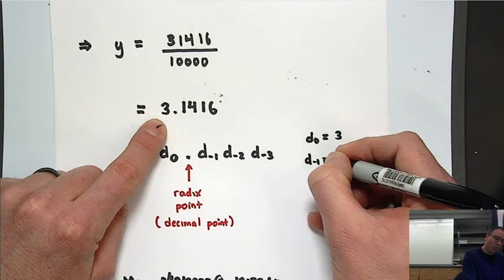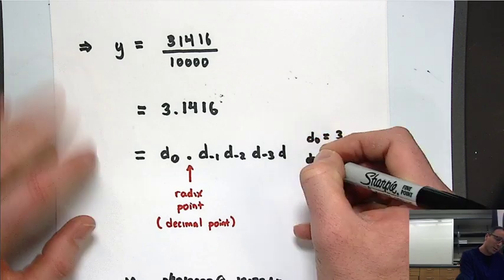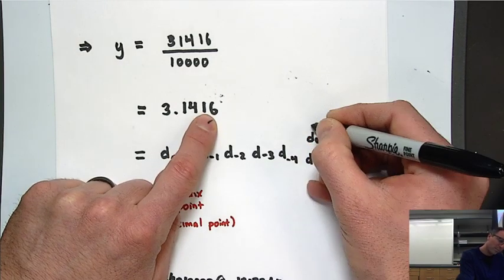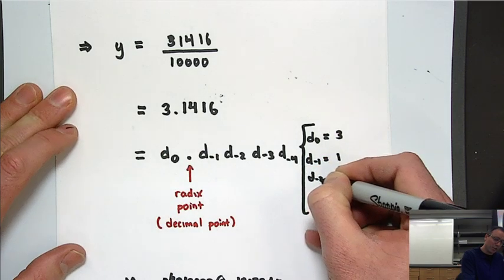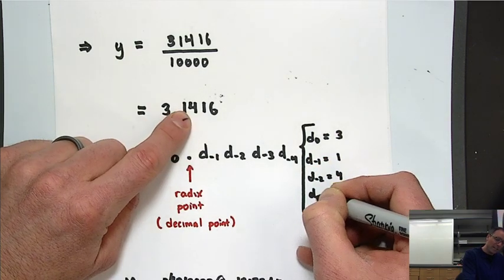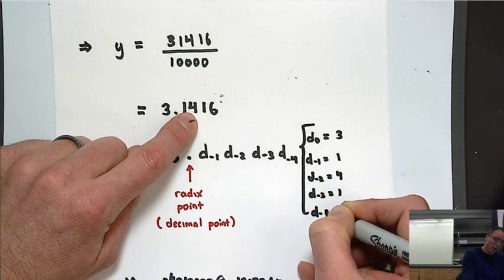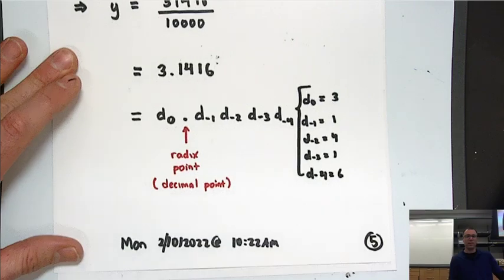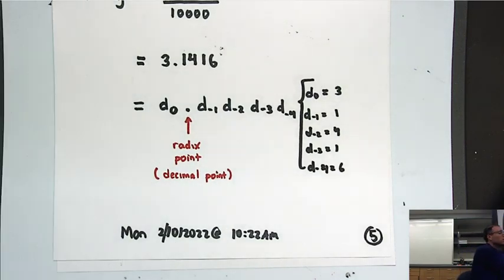D -1 was 1. Oh, excuse me. What's the last one? D -2 was 4. D -3 was 1. D -4 was 6. Okay, let's go ahead and decipher what I'm talking about there.